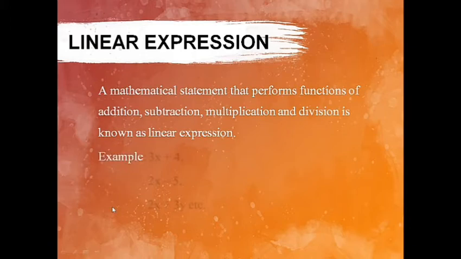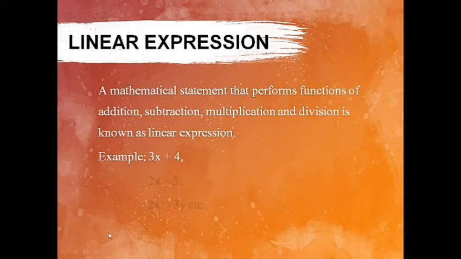The examples given are 3x plus 4. It is an expression where we are performing addition between 3x and 4. Here 3x is one term and 4 is another term. So there are two terms in total, and between those two terms we are performing addition, and it is called a linear expression.